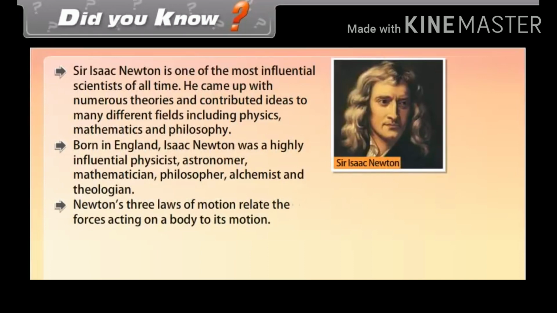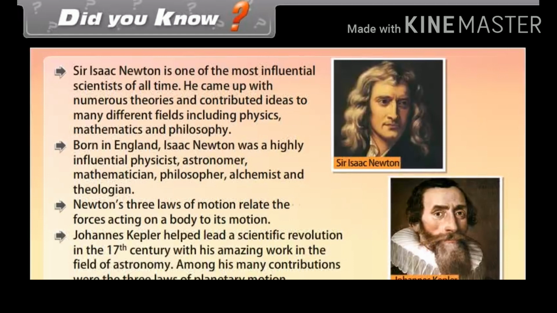Newton's three laws of motion relate the forces acting on a body to its motion. Johannes Kepler helped lead a scientific revolution in the 17th century with his amazing work in astronomy. Among his many contributions were the three laws of planetary motion.